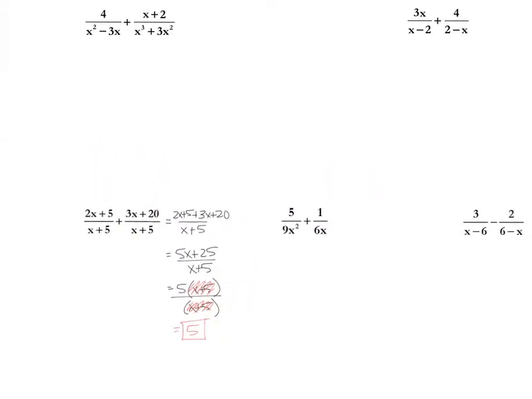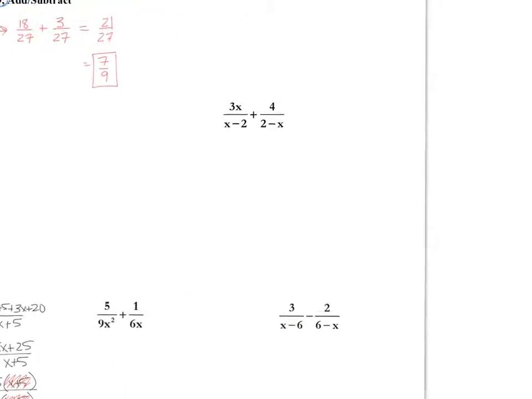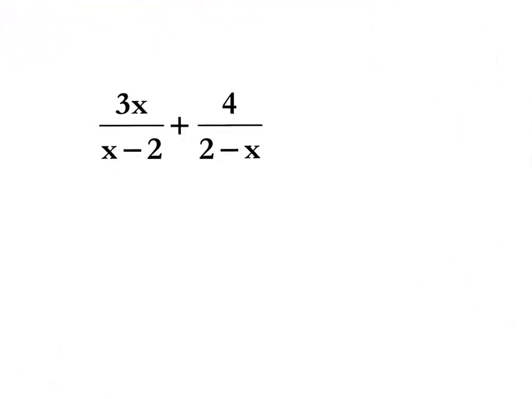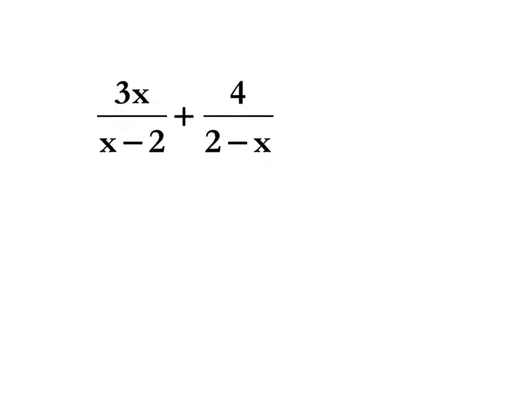Now I want to go up to this one. Like I said, we're going to skip around a little bit. You notice that these denominators are not the same, and it's like what we talked about yesterday, where I can change this fraction by taking out a -1, and then my x is going to change into positive and my 2 is going to change to negative. That is a way that I'm going to write this denominator.